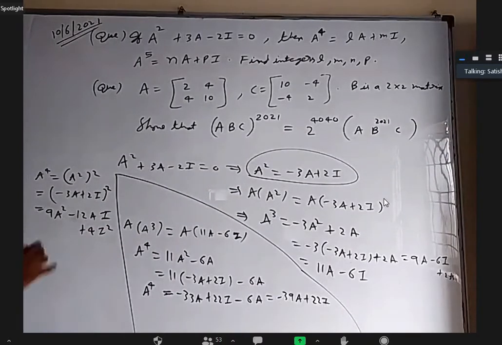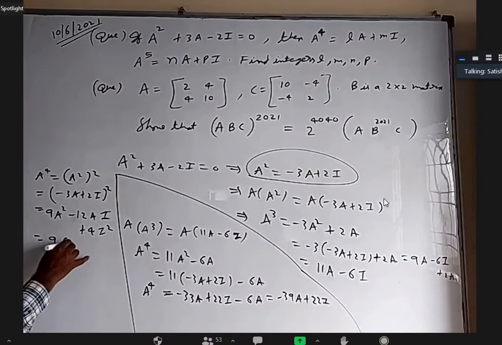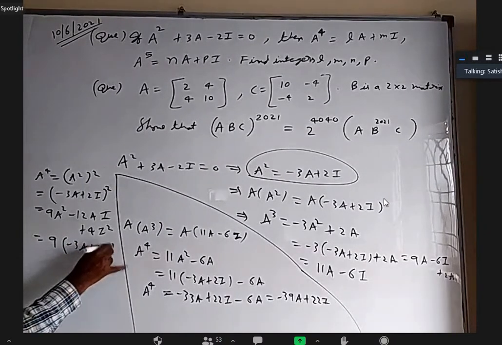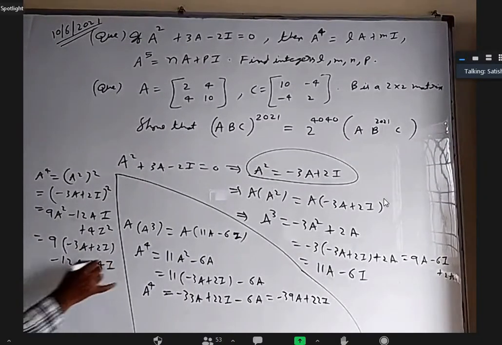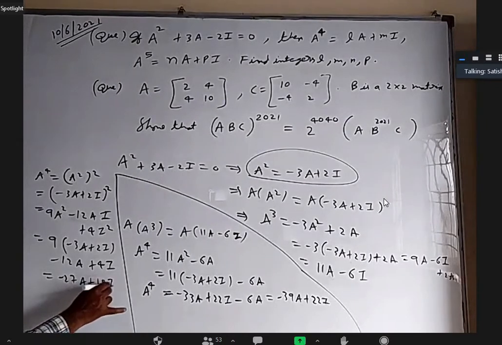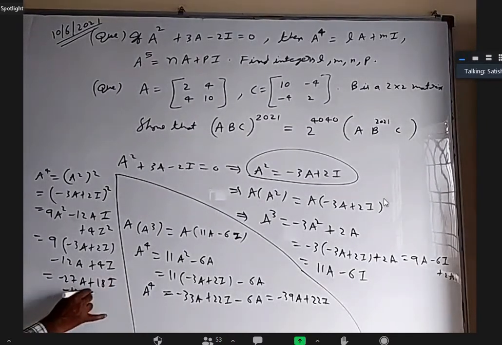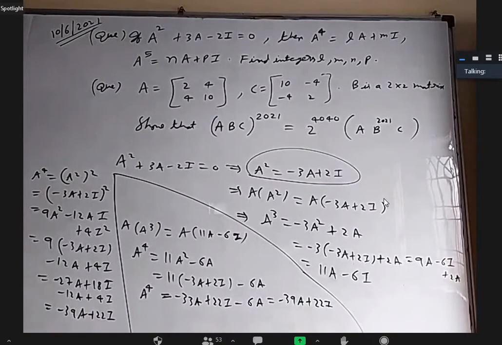I square is I only. 9 into, in the place of A square, I can write minus 3A plus 2I, minus 12A plus 4I. Minus 27A plus 18I minus 12A plus 4I. This is minus 39A plus 22I. Yes, you can do it like that also, sir.